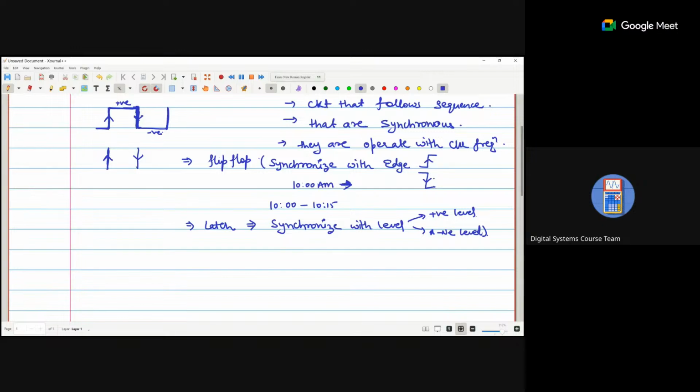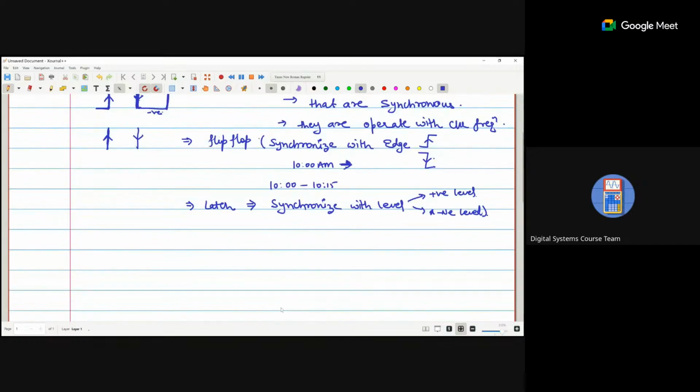Basically, we have classified sequential circuits in two categories: the devices that are synchronous with the edges, called flip flops, and the devices that are synchronous with levels, called latches.